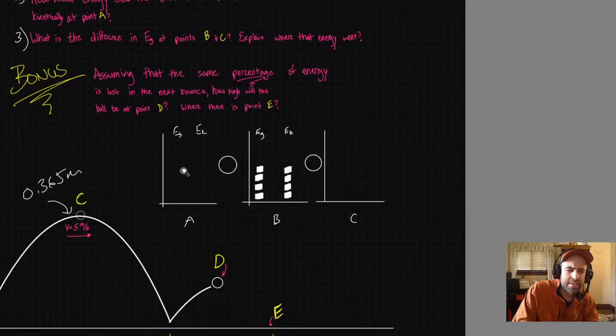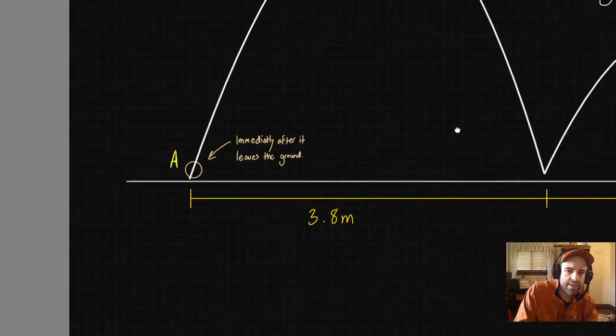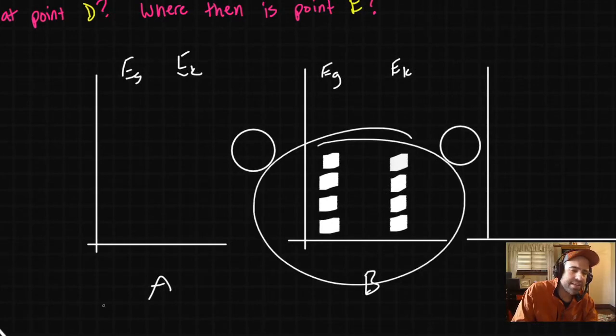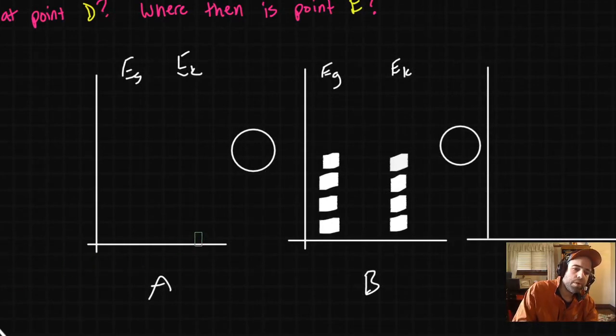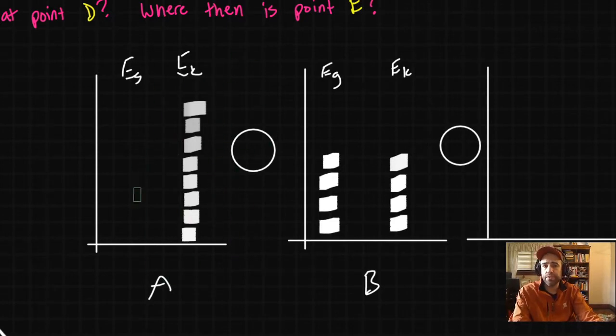But those 8 boxes are not stored gravitationally, are they? See, look, it's right after it leaves the ground. It doesn't have any energy stored gravitationally. So I think it still has all 8 boxes, but all 8 boxes are kinetic. See, that's the big problem we're having, and maybe I wasn't explicit enough in my notes, but it's possible for energy of one type to be transferred into energy of another type.